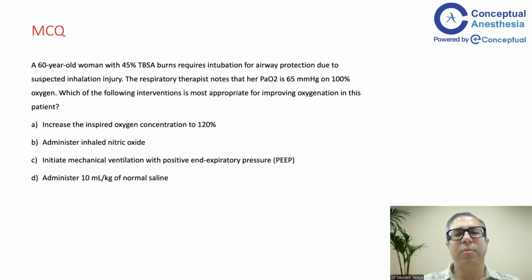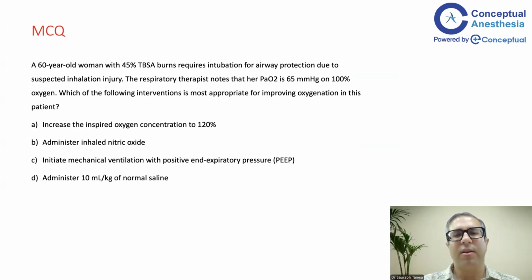A 60-year-old woman with 45% total body surface area burns requires intubation for airway protection due to suspected inhalation injury. The respiratory therapist notes that her PaO2 is 65 millimeters of mercury on 100% oxygen. We should know that here the PF ratio is very low. Usually when we breathe 21% oxygen, our PO2 is much more than 65.